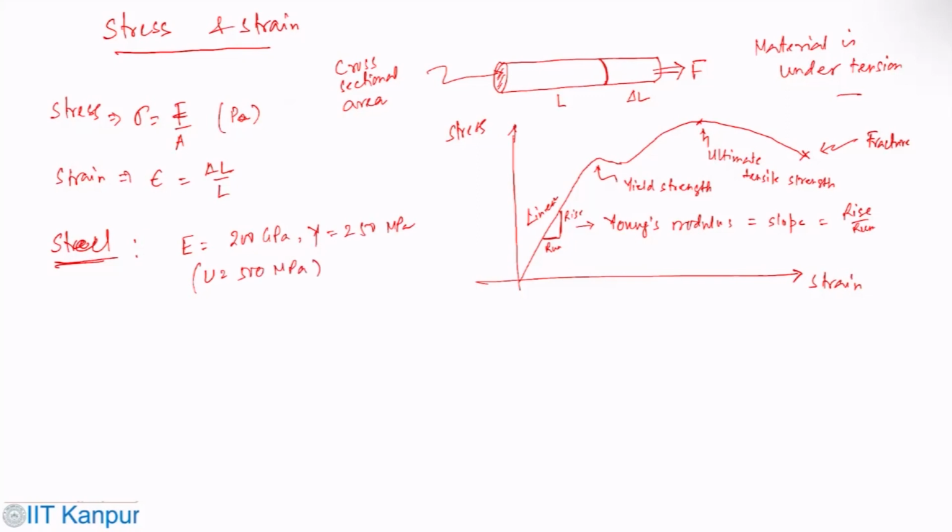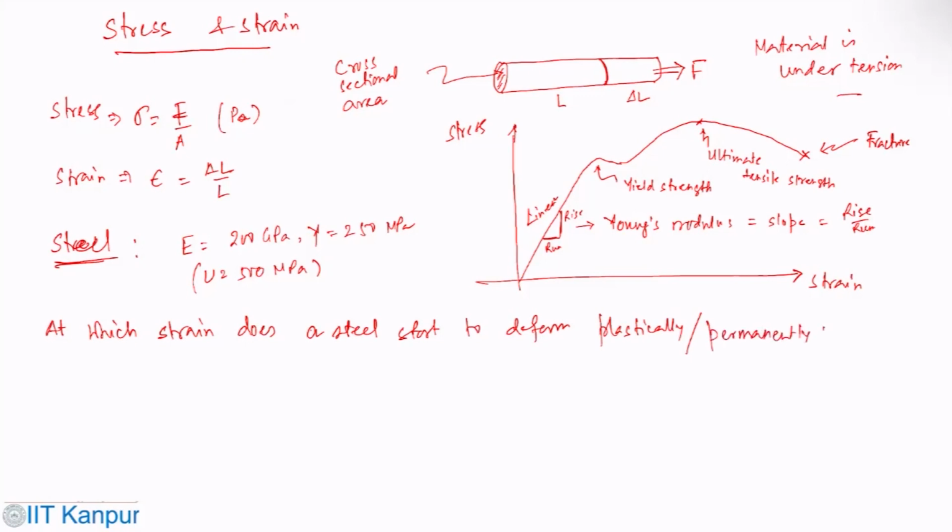Now one can find out at which strain the steel starts to deform plastically or permanently.